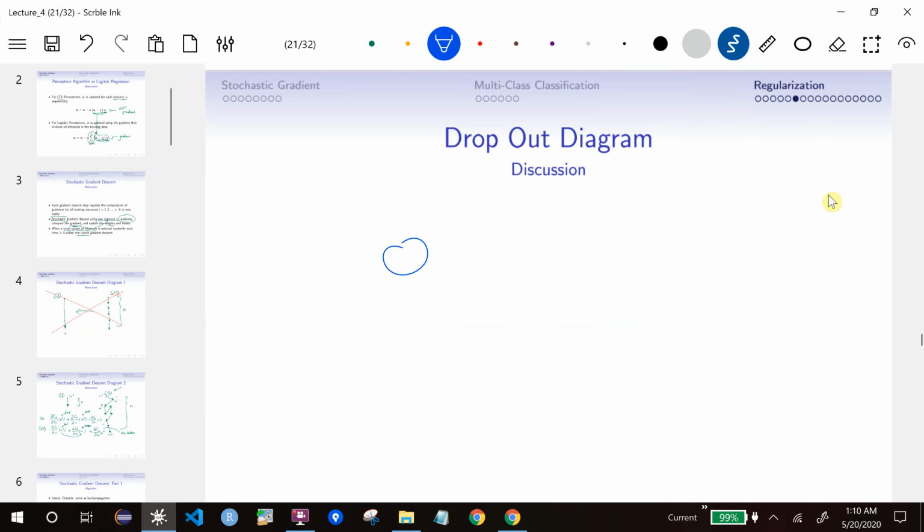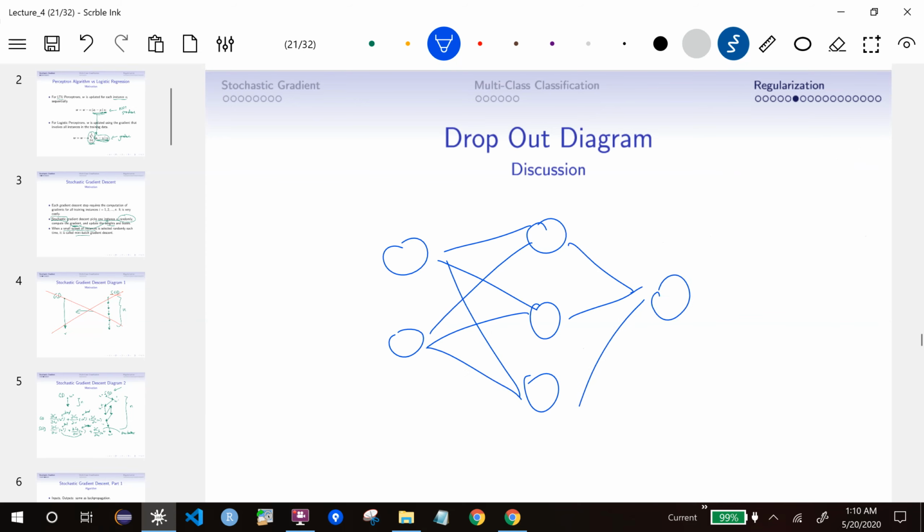So if you want a diagram, suppose you have two input units and three hidden units, and we have say just one output unit, then in the first few iterations, we cannot just do one iteration and switch. That will mess up the training.